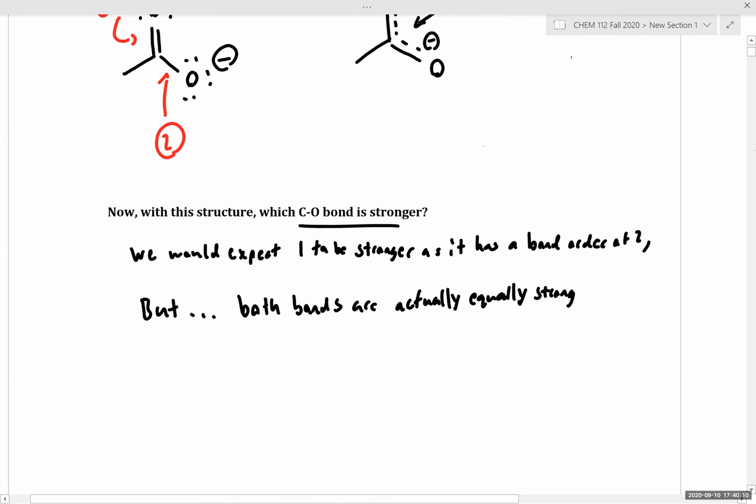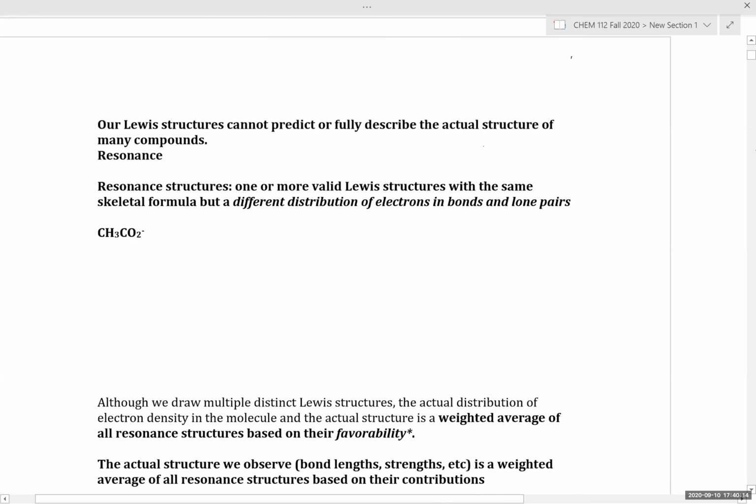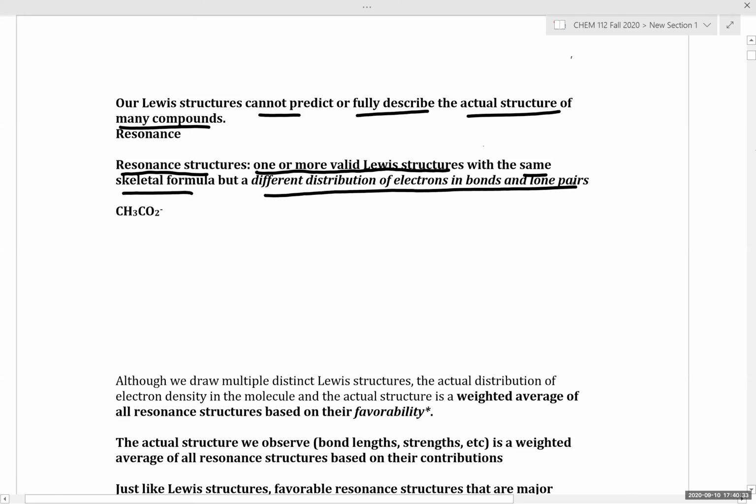So, the Lewis structures that we draw cannot predict or fully describe the actual structure of many compounds. So resonance structures are defined as one or more valid Lewis structures with the same skeletal formula, but a different distribution of electrons in bonds or lone pairs.